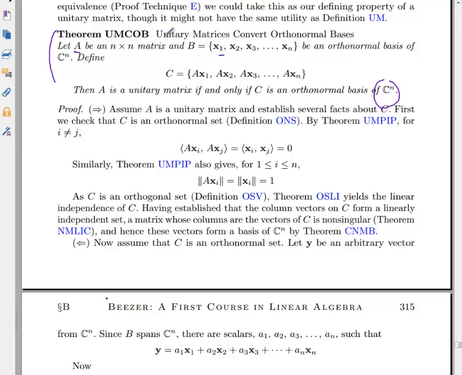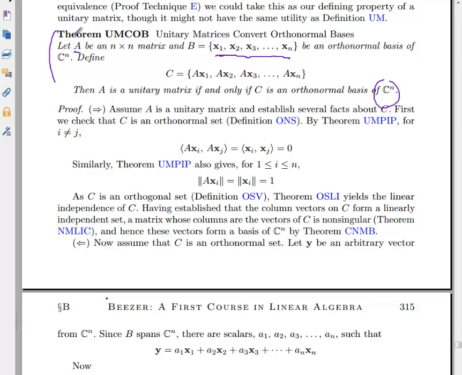And what this theorem says is, suppose I have an orthonormal basis of Cn, and I multiply each one of these vectors in the basis by a unitary matrix. Okay. Then the result will be a set of n vectors, and these n vectors are also an orthonormal basis.